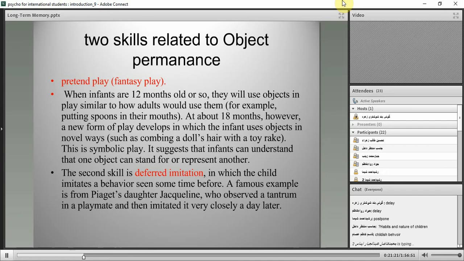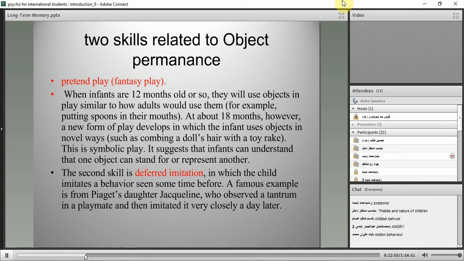A scene or an event of a child crying and screaming, and then usually later, tomorrow or the day after, you'll see that the child copies it. Or for example, you will see that our kids repeat obscene words that we don't like our child to say, but just because he learned it from others, he repeats those taboo expressions we don't like him or her to use.